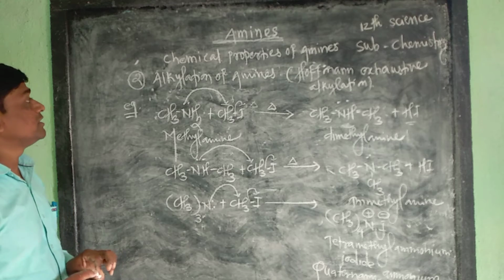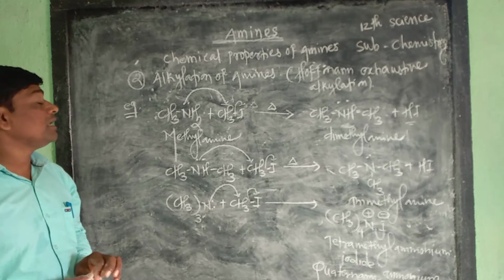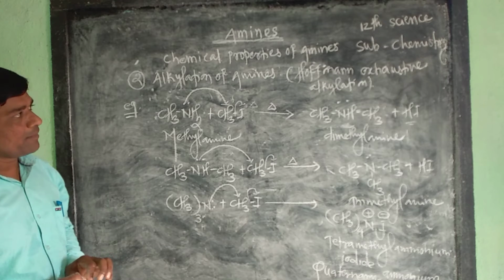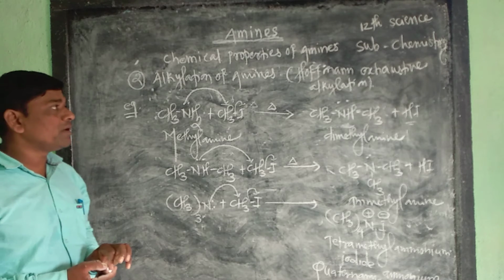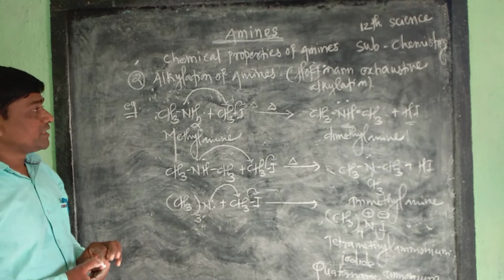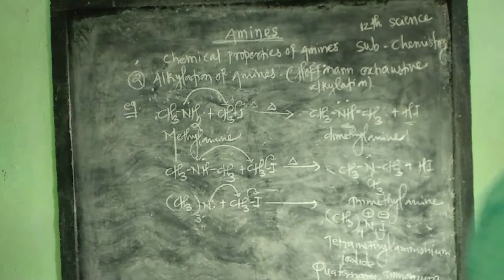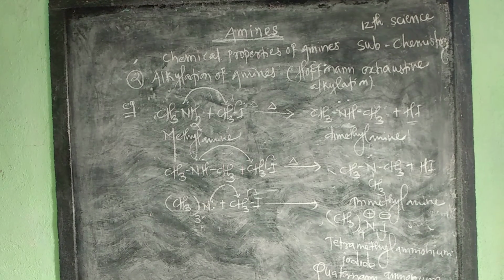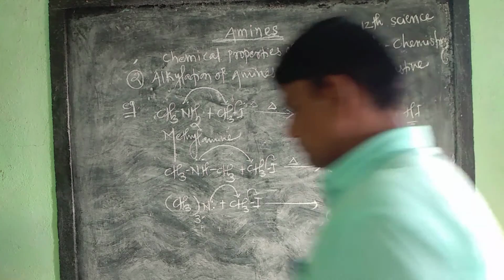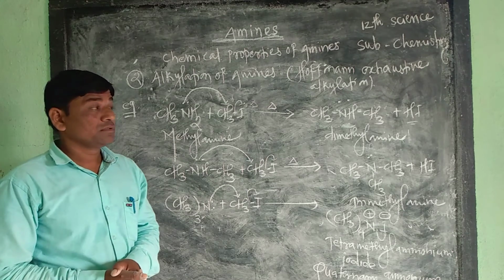The reaction is known as alkylation of amines. Why? Because alkyl halide is reacted with the amine. The reaction is known as Hofmann exhaustive alkylation. Write down, friends. Now today we will stop here.